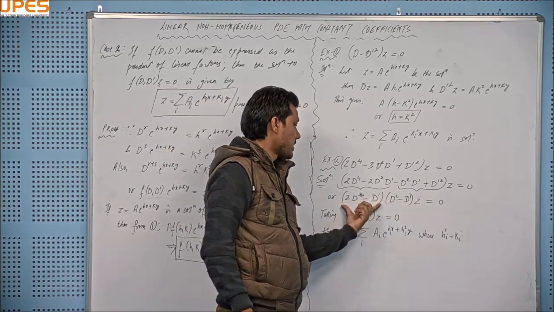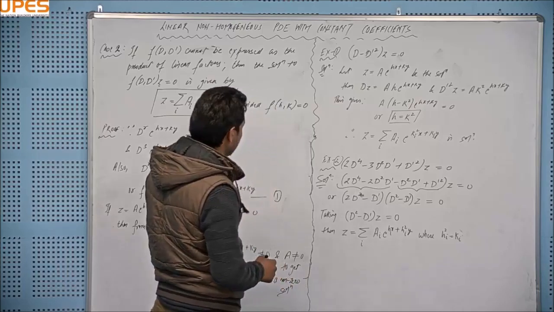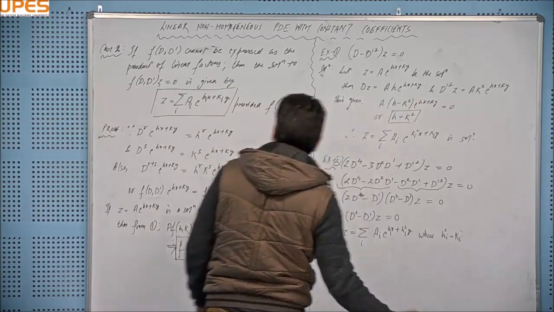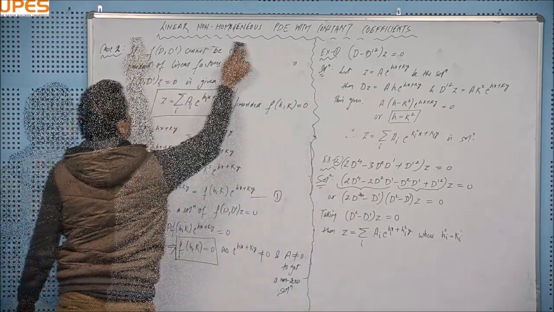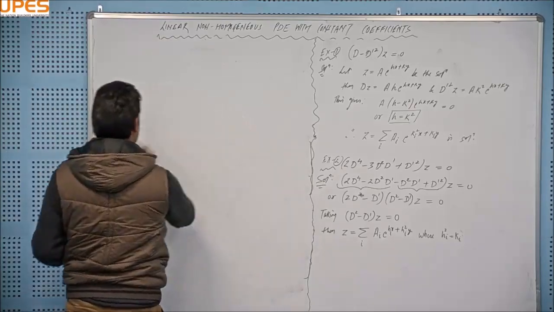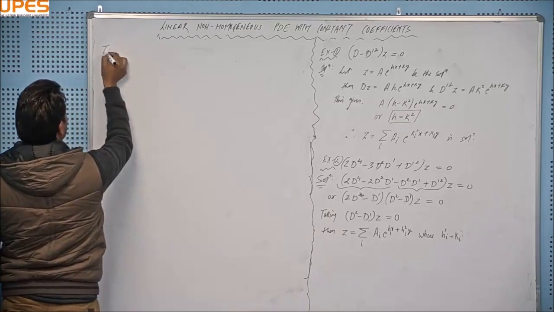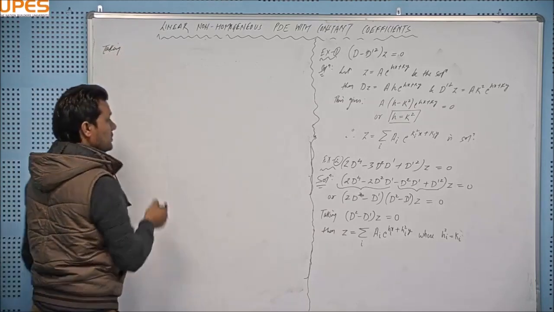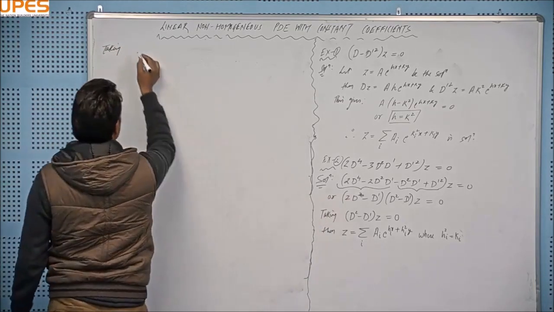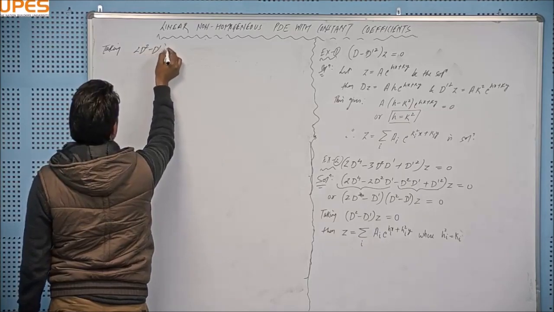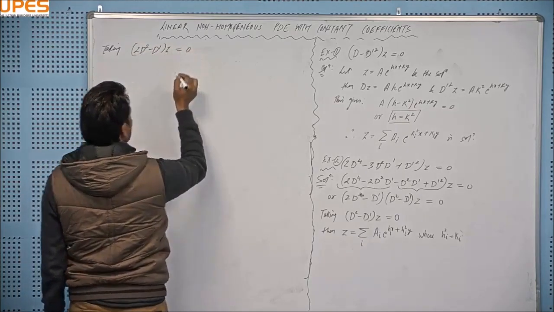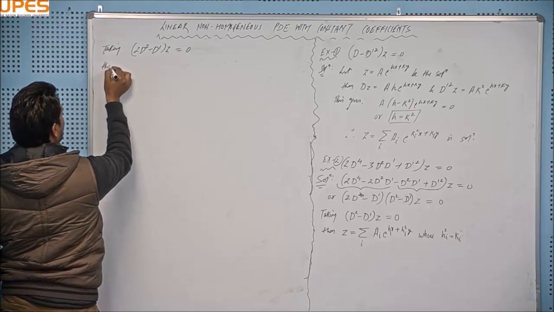Now focusing on the second factor. Taking another factor, 2D square minus D dash z is equal to 0. Then what will be the solution?